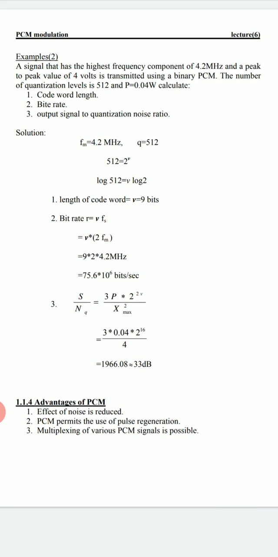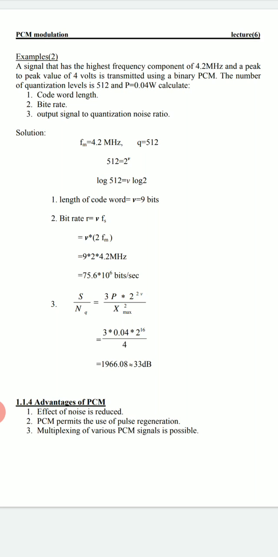So here we have seen about pulse code modulation. There are lots of advantages pulse code modulation has. Here we can transmit a number of bits at a time, and the number of levels will depend on the number of bits.